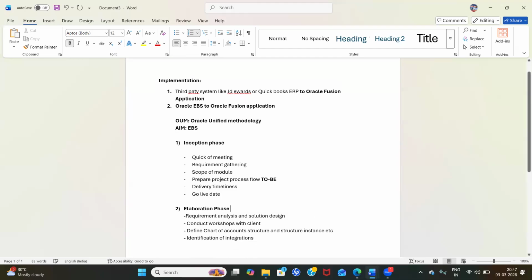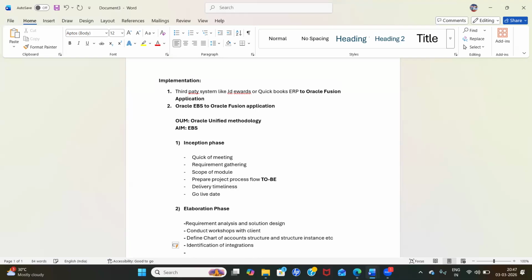In addition to this, we are going to do some gap analysis also. Gap analysis means, for example, they are following some business process in the legacy system, and that process is not available directly in the Fusion application. The exact process is not available, right?